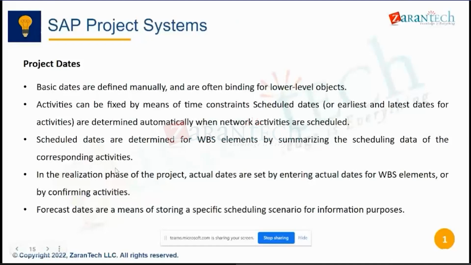So this will get the confirmation of the date. We will see how we do the confirmation at a later point in time. And then there is another set of dates, forecast dates, which we can use apart from the scheduled and basic dates. So there are basic dates and there are forecast dates.